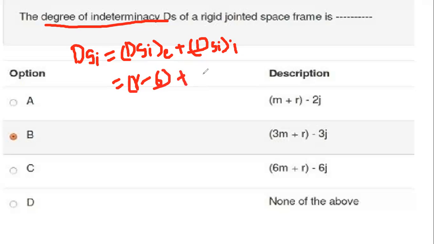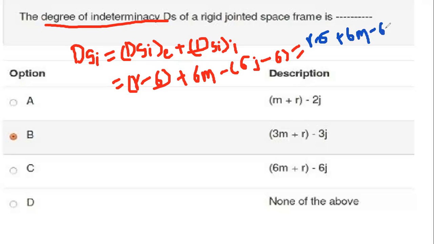And for DSI internal, the formula is 6m minus in bracket 6j minus 6. Now we have to simplify further. So this will be R minus 6, plus 6m, then minus 6j.